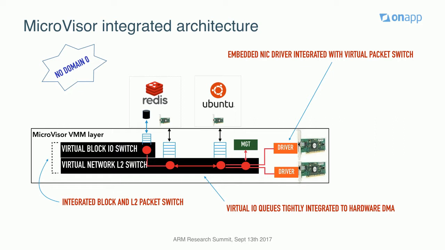Essentially, we're terminating paravirtual I/O queues in the paravirtualized backend logic that executes within the VMM. And this has the ability to efficiently map the I/O resources directly onto the DMA engines of the interface, the device driver interfaces.